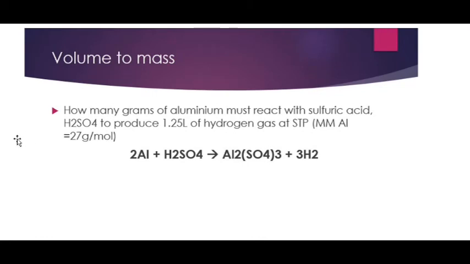How many grams of aluminum must react with sulfuric acid to produce 1.25 liters of hydrogen gas at standard temperature and pressure? So, we want to convert the volume of hydrogen gas to grams of aluminum.